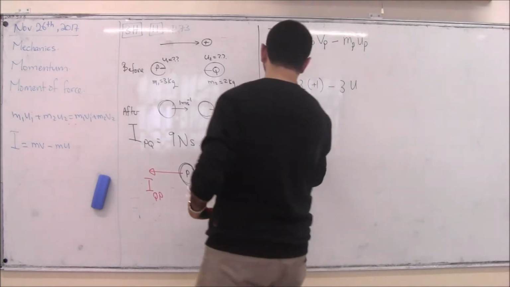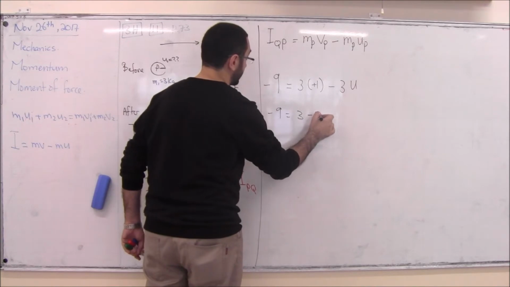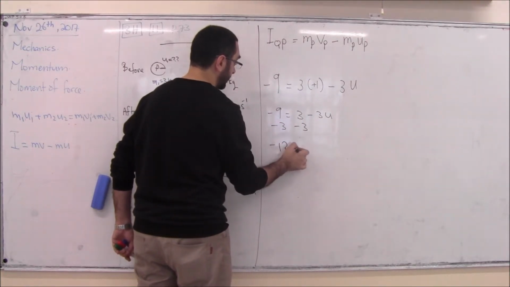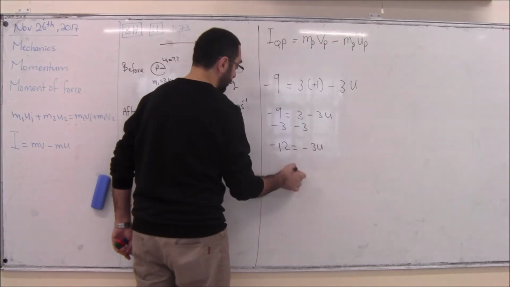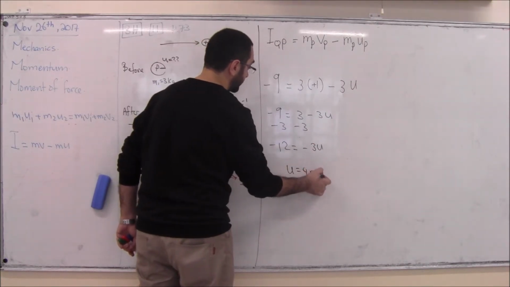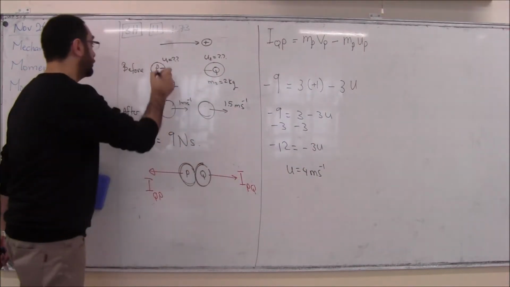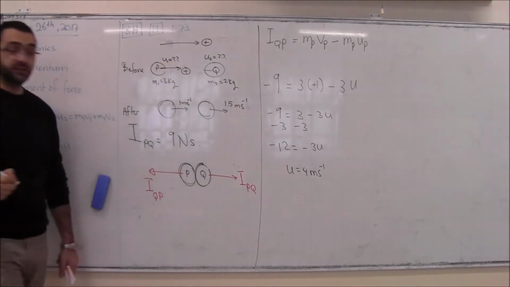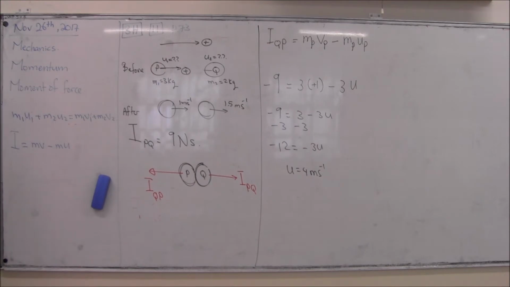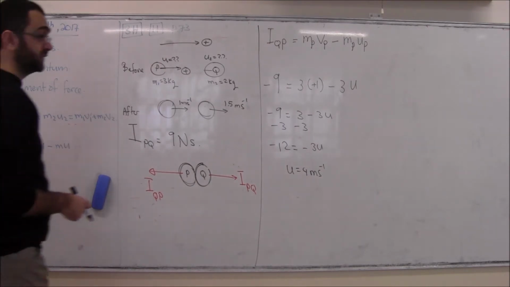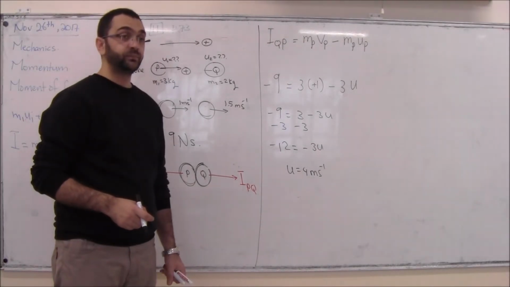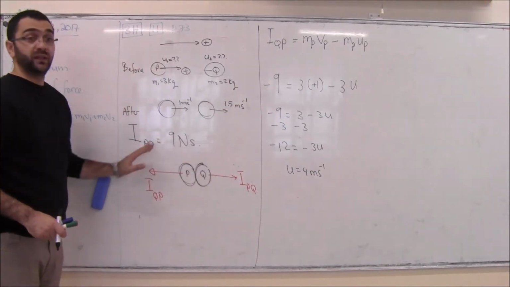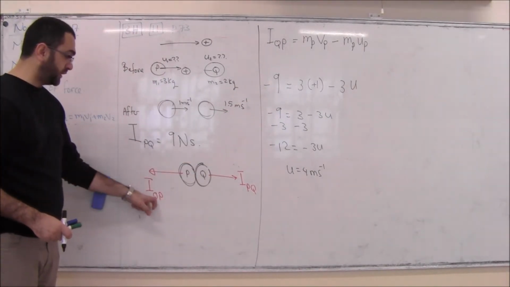Now -9 equals 3 minus 3U, so -12 equals -3U, so U equals 4 meters per second. What does this mean? P was moving in the positive direction. I didn't understand the negative sign. Okay, and after drawing this, it's very clear. I_QP is what?